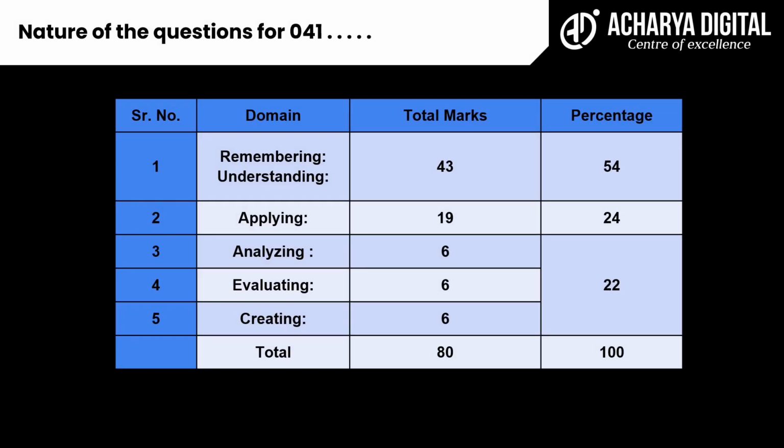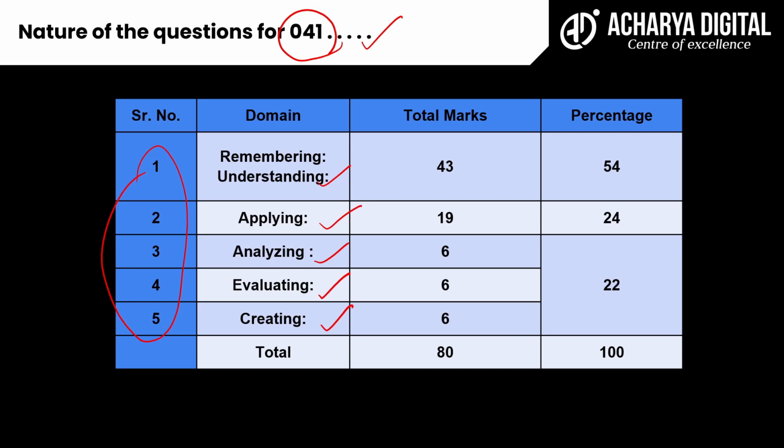Now, after this, let us see the nature of questions for standard mathematics paper. You must be knowing for standard mathematics paper, the code is 041. So there are 5 domains: remembering and understanding, applying, analyzing, evaluating, creating.